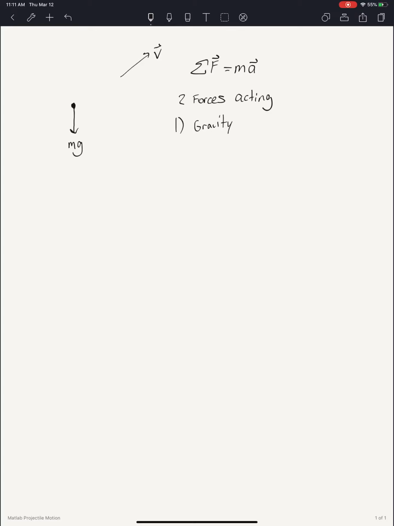It's clearly pointing downward. The second is atmospheric drag, or maybe I'll say aerodynamic drag. I like that a little bit better. Let's call it aerodynamic drag forces. We're going to use a simple model for this. It's just going to be a ball. It's going to produce no lift. It's just going to have drag on it.